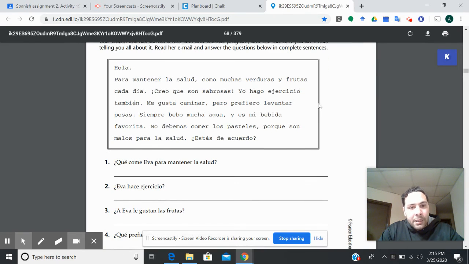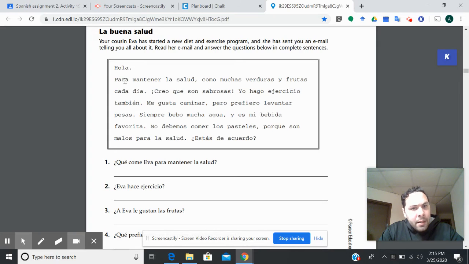All right, so for example, let's read this. It says, Hola, para mantener la salud, so to maintain my health, como muchas verduras y frutas cada día. That means I eat a lot of vegetables and fruits each day. Creo que son sabrosas. I think that they are tasty.